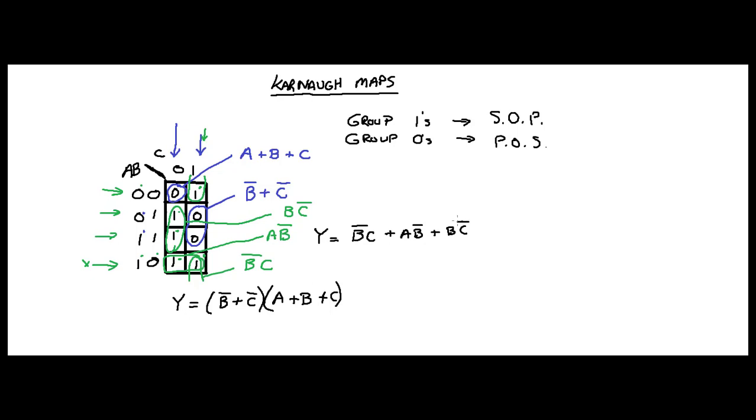Get it? So if you're given a truth table, you then convert that truth table into a Karnaugh map, okay?